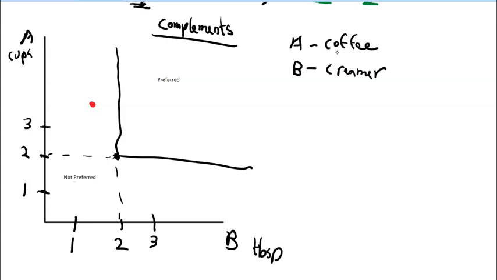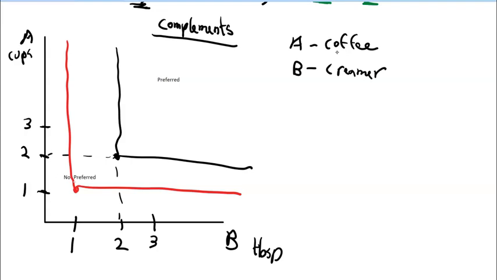So technically, I don't like this point because I want my creamer and coffee ratio to be exactly 1 to 1. Points here too, I can see that I'm getting more creamer, but less coffee. I don't like that either. So complements then have an L-shaped indifference curve. And they all go through that point of the ratio.